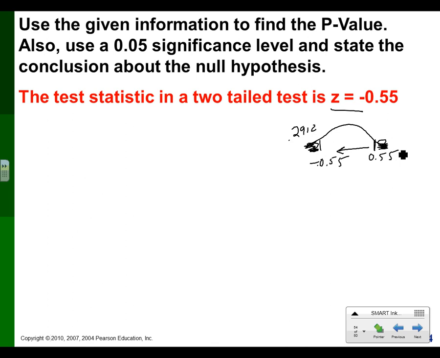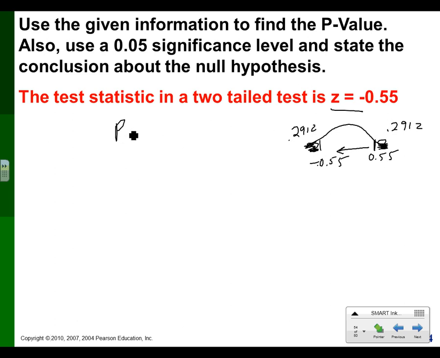You can take 1 minus. 0.2912, I'll bet you. Yeah, you can. It's symmetric. It's the same thing. See the same numbers? Same area.